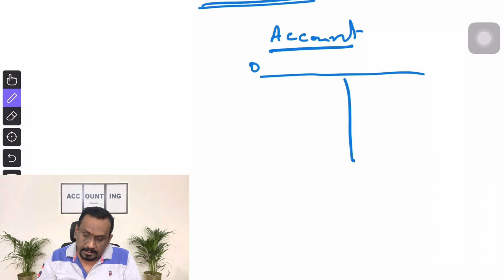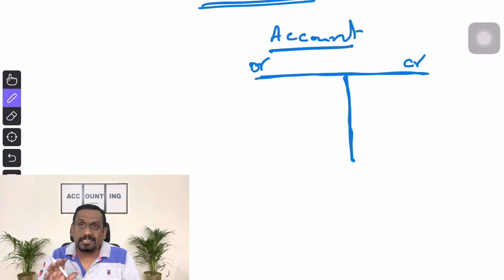Left hand side is called debit side, right hand side is called credit side, and this account will provide you the end result of those respective transactions.